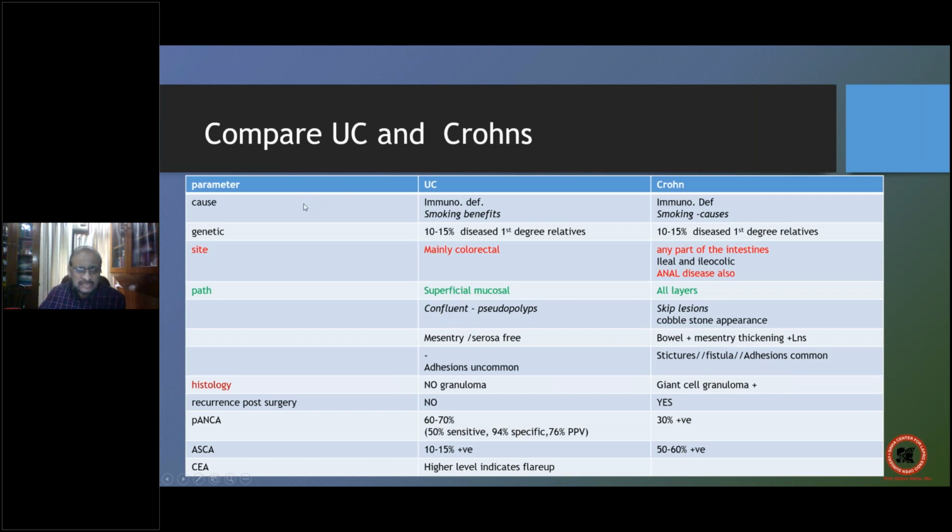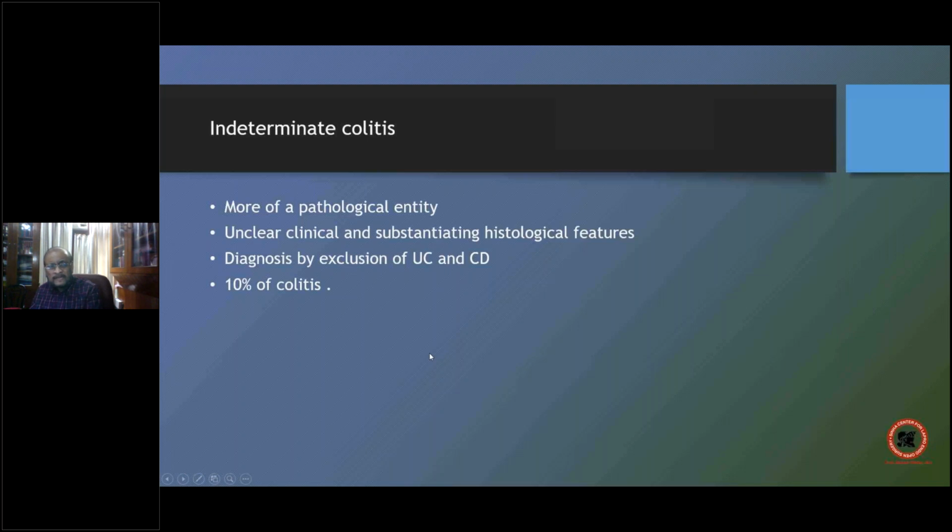As far as the causes are concerned, as I said earlier, smoking benefits here in ulcerative colitis. In Crohn's, smoking causes Crohn's. Genetic, almost the same, 10 to 15% genetic bias for Crohn's, and the same for ulcerative colitis. Site, we already talked about that, right? Now, the third part of IBD was indeterminate colitis, and this is more of a pathological entity, and it is a diagnosis of exclusion.